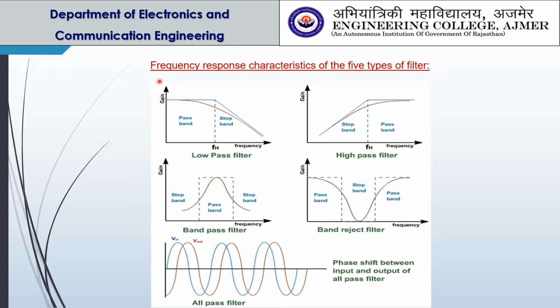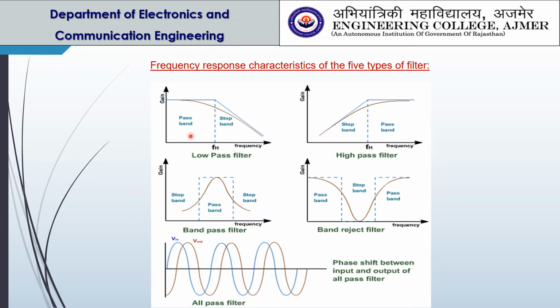This figure shows the frequency response characteristic of the five types of filters. The ideal response is shown by the dashed line, while the solid line indicates the practical filter response. A low pass filter has a constant gain from 0 Hz to a high cutoff frequency fH.